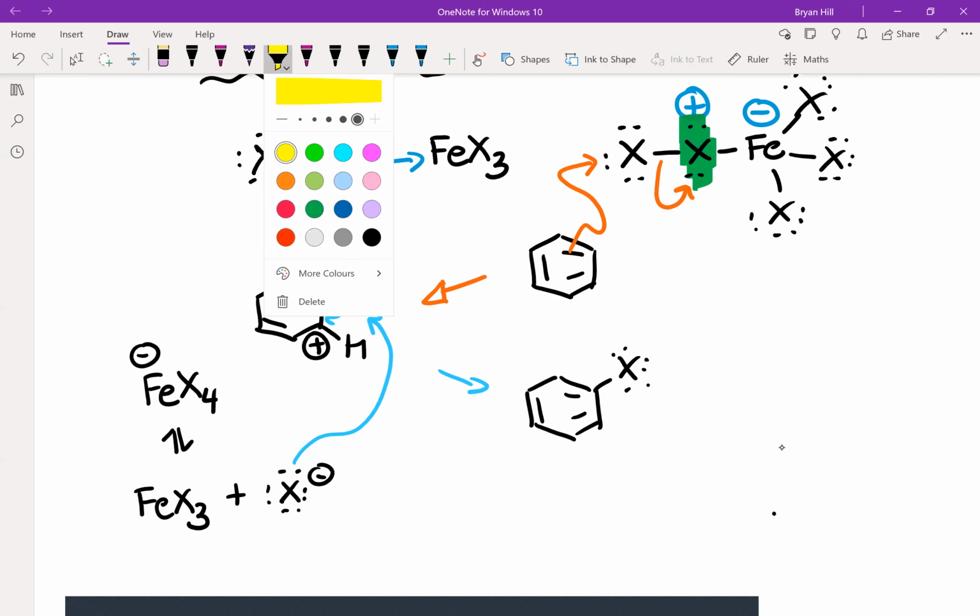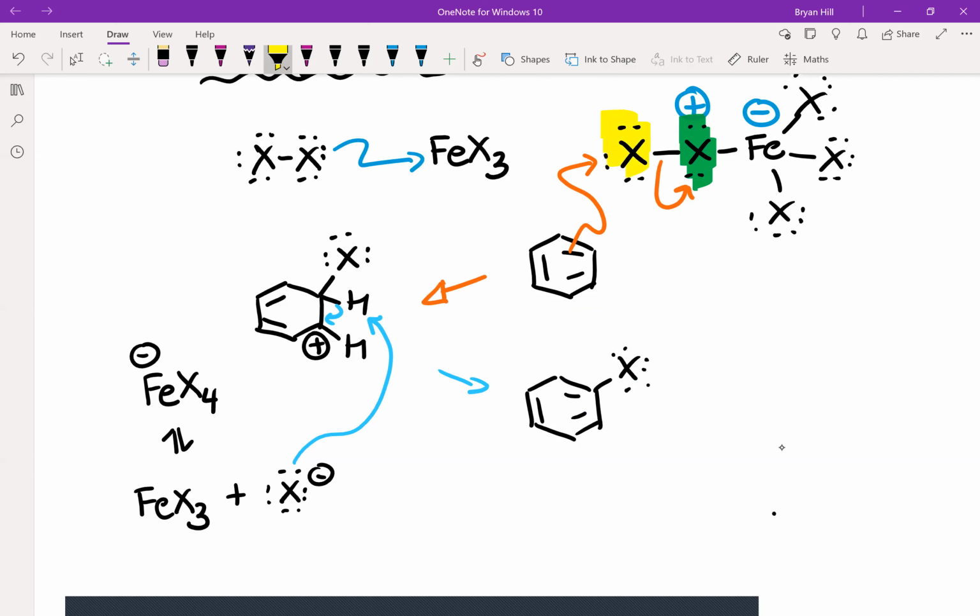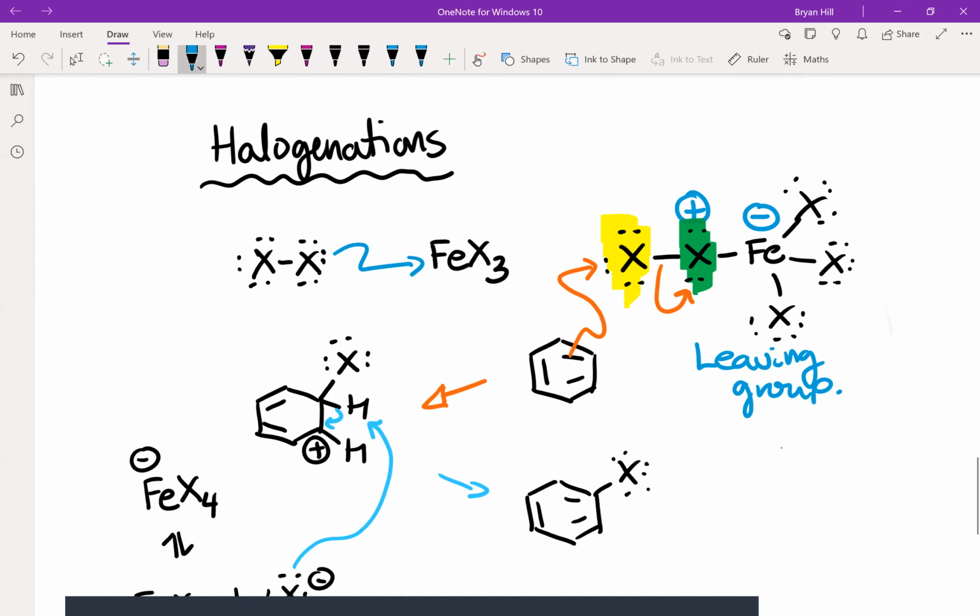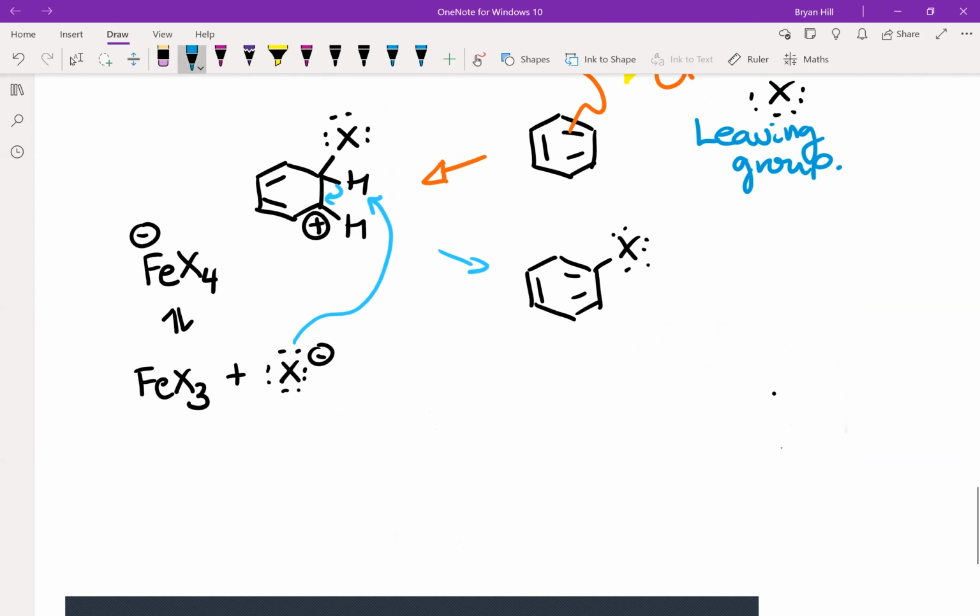We're attacking next door. And so that sigma bond can go over to the X. So we've got a leaving group. So this is basically a glorified leaving group. And so that's basically how the halogenation reactions work. There's two of those.